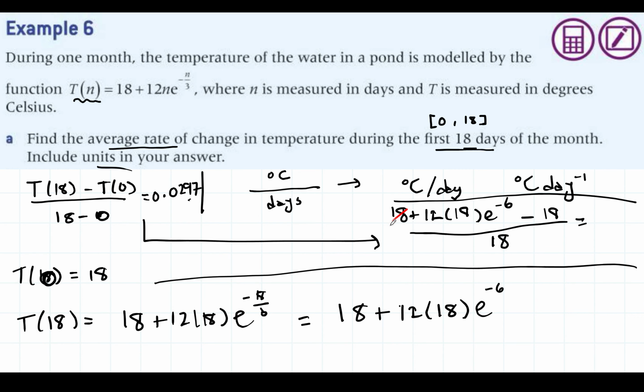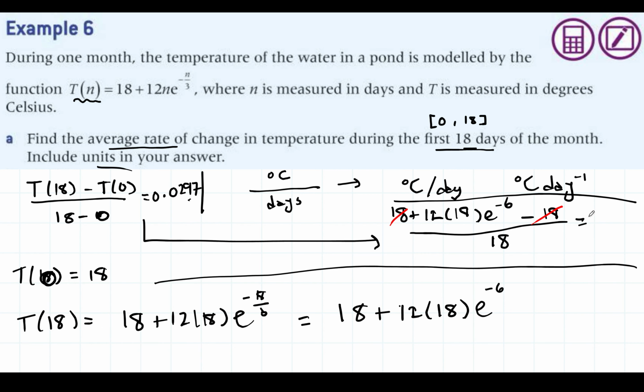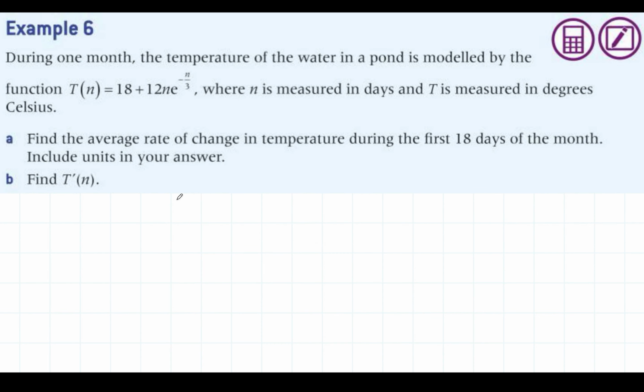The 18 here are going to cancel out with each other. So you're left with this. And so these two 18s are going to cancel out as well. And then you are left with 12e to the power of -6. So you can evaluate that, and it's going to give you 0.0297.